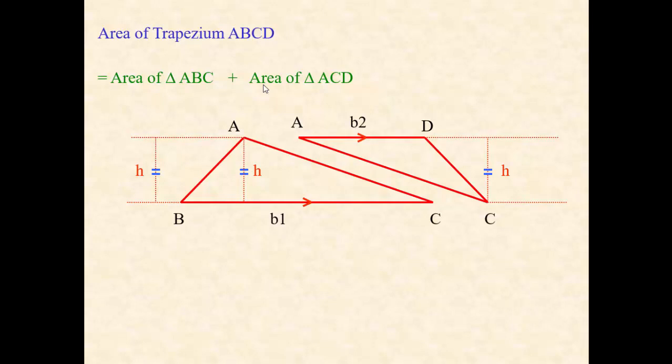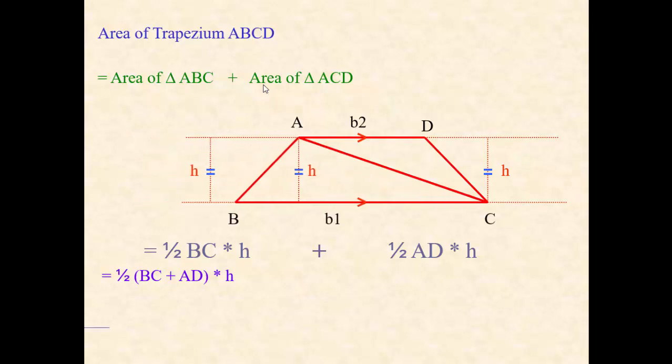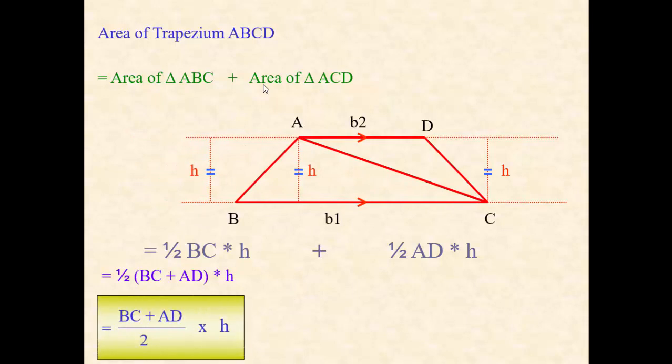Half AD times H. Half BC times height plus half AD times height. Have you any common factor? Yes, half H. Then half BC plus AD times H, or BC plus AD times H over 2, equals BC plus AD over 2 times height.